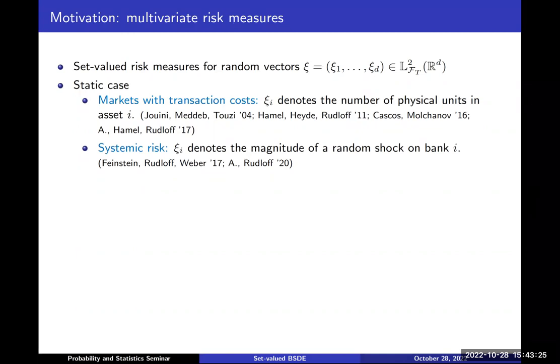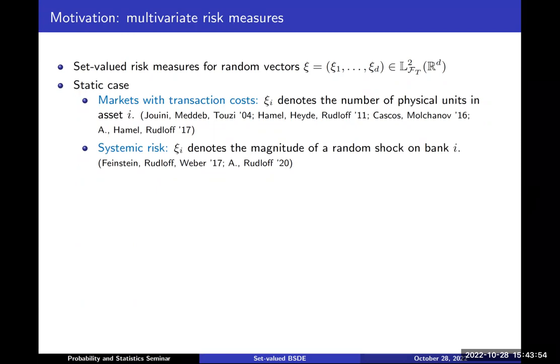So let's say you have a financial market with a bunch of currencies, and there are transaction costs that are not negligible. In this case, you model your portfolio in terms of different units, such as dollars, euros, yens, etc., rather than converting everything into a single numeraire. So this is one motivation to study the risk of a whole random vector.